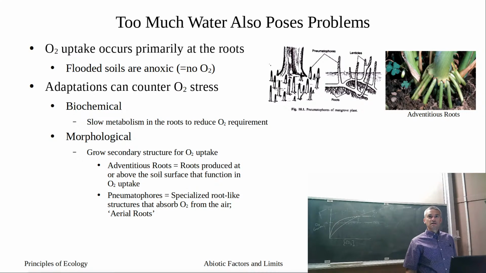They extend from the roots up above the surface of the soil, or in some cases, extend above the surface of the water. They also function in absorbing oxygen, getting oxygen from the air. There's much more oxygen in the air than in the water. So these pneumatophores have been called aerial roots because they extend up into the air.